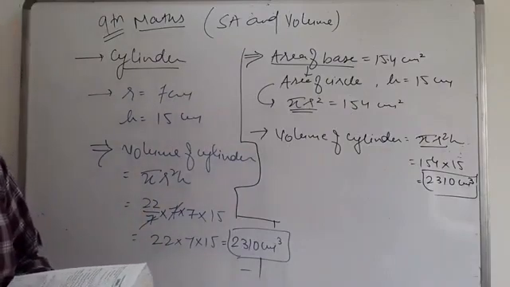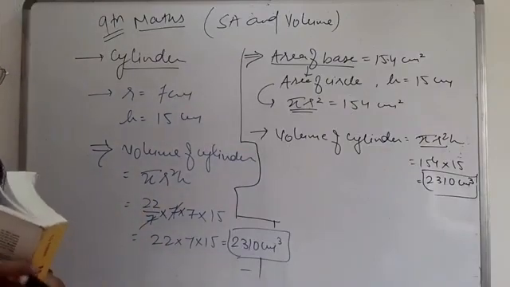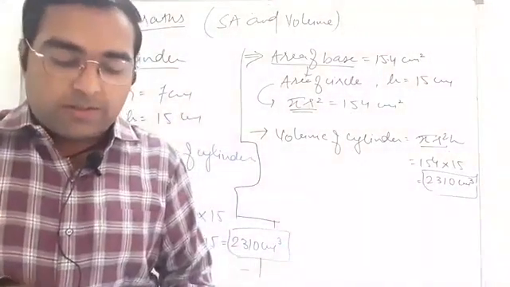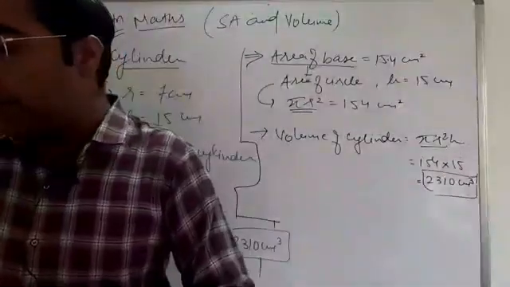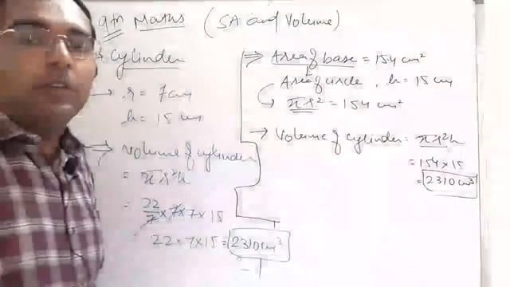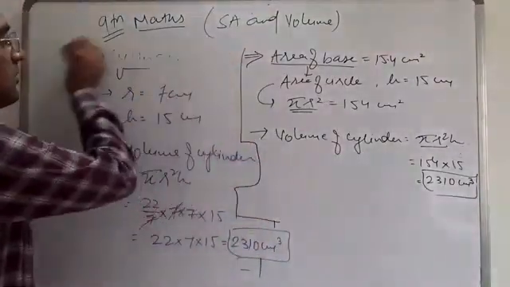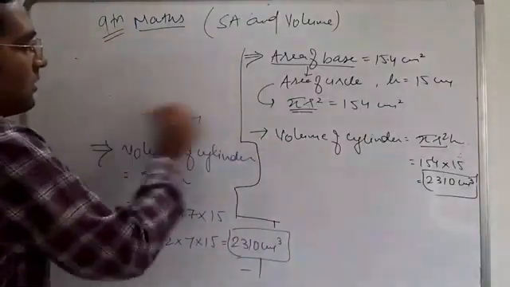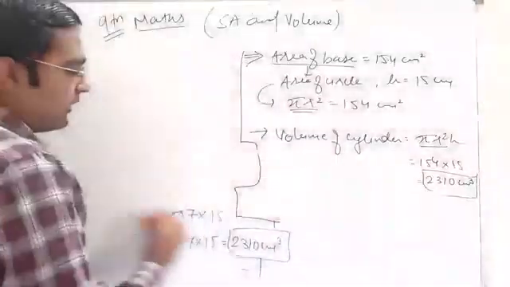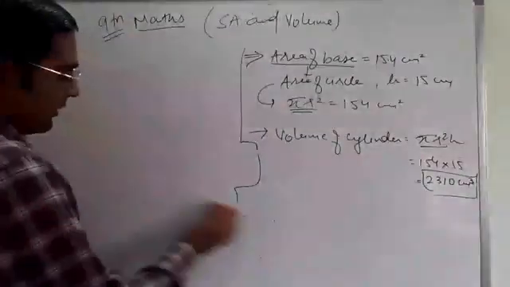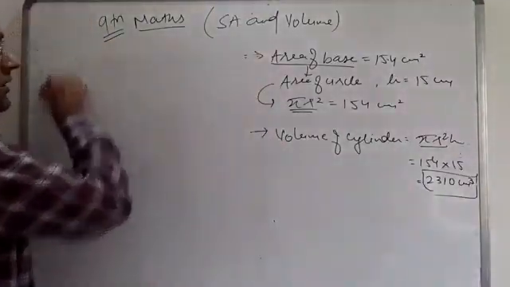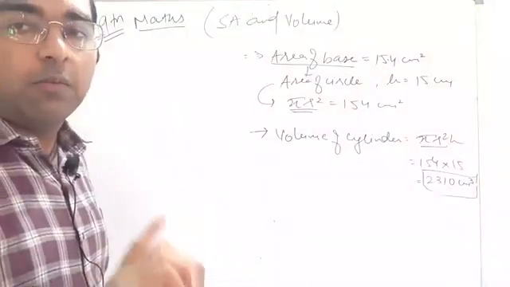Students, one thing I'll tell you: we are learning about the surface area and volume of the cylinder, and there are two types of cylinder we can use. The first is the hollow cylinder, which is a combination of two cylinders, an outermost cylinder and an innermost cylinder.